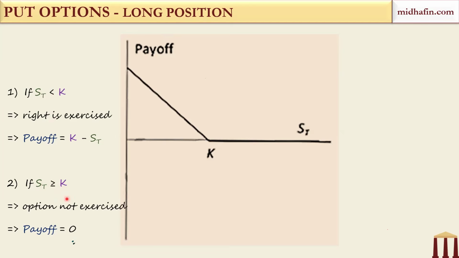In both cases, whether you exercise or not, when ST is equal to K, the payoff is 0. So rationally, what will you do when ST is equal to K? Will you waste the option in that case? Even if you waste it, you're getting nothing, right? So what is the point of wasting it?